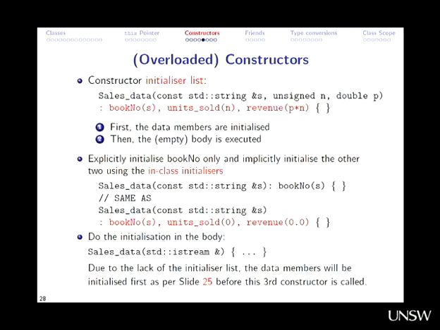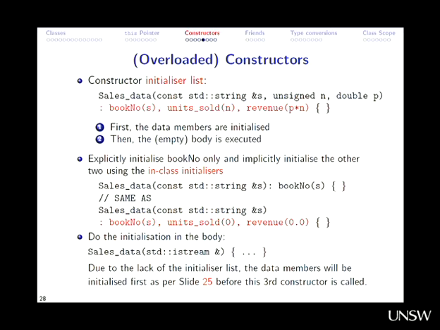Okay, so let's talk about overloaded constructors. Like I just pointed out, that's what the constructor initializer list looks like. And like I just explained, those data members are initialized, and then the empty body is executed. This next bit, explicitly initialized book number, is actually old text, so that's not in the code that we've got here.